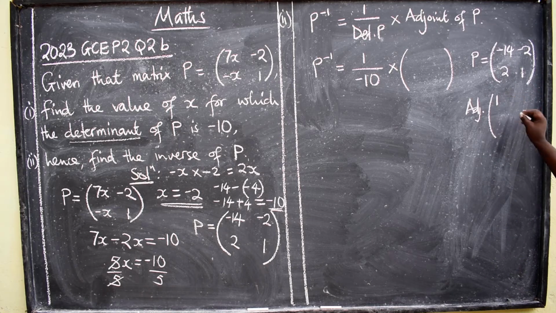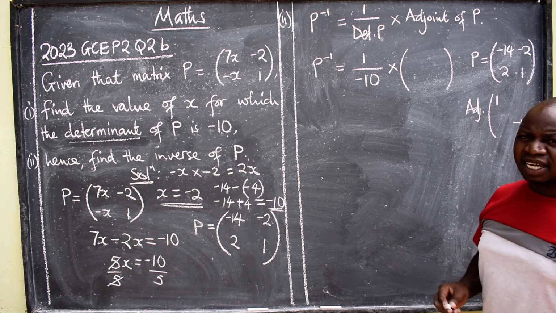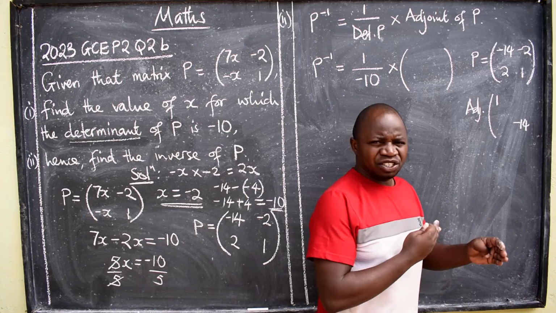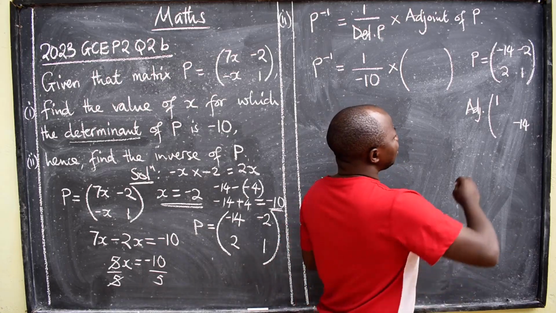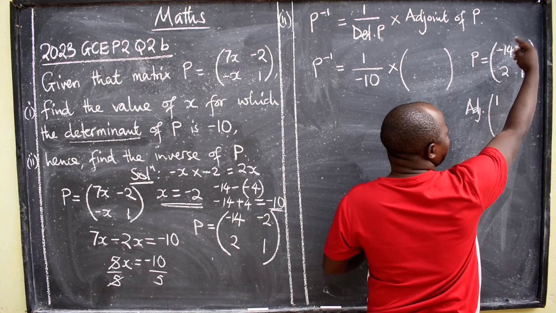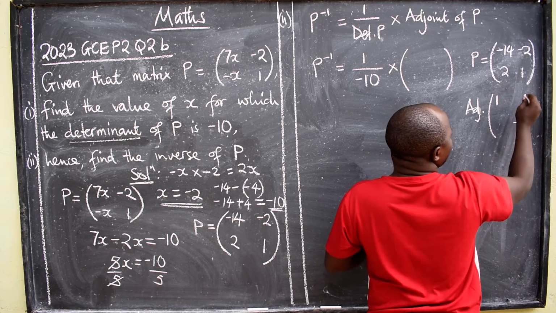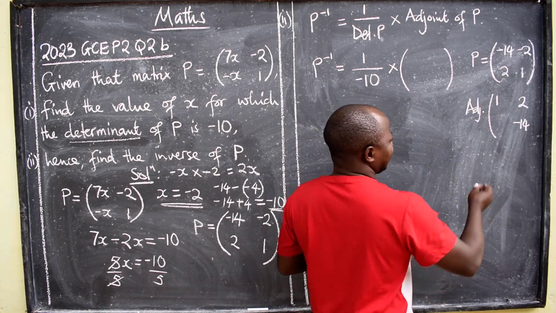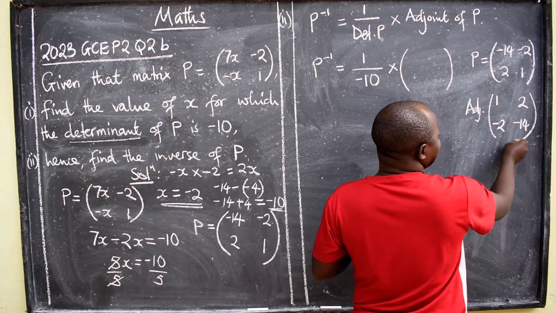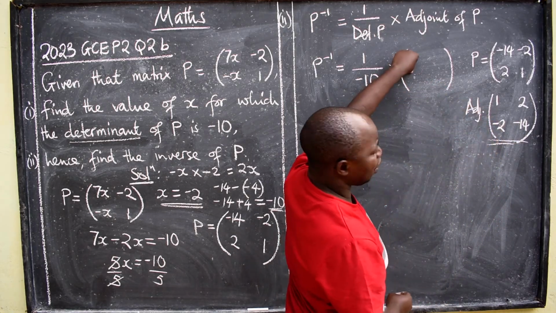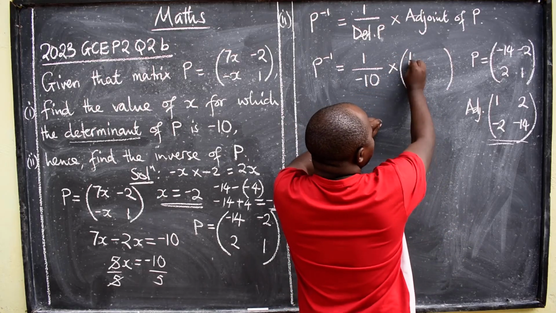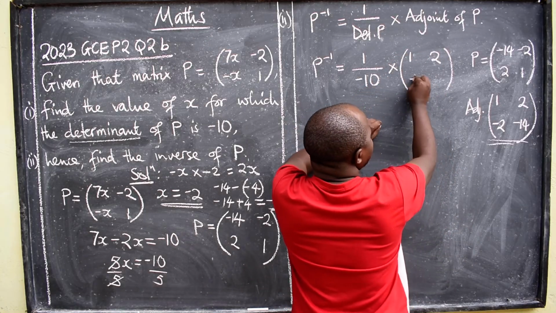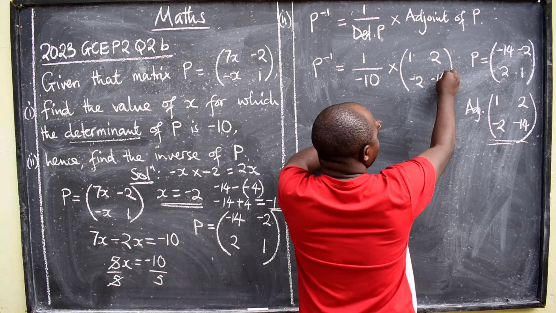So 1 will be here, -14 will be here. Then these two here are not going to be swapped, but there will be change in terms of signs only. So the one carrying negative will carry positive. So in this case, -2 will be +2. Then this one carrying positive will carry negative. So it will be -2. This is the adjoint, which we are going to substitute here. So we have 1 here, we have 2, we have -2, and we have -14 here.